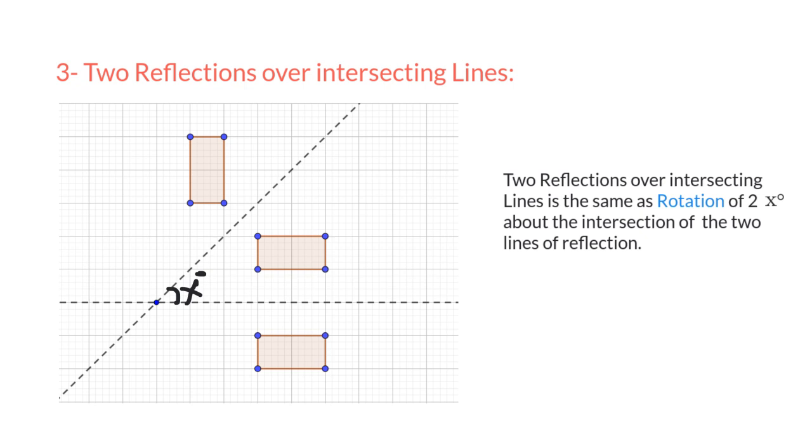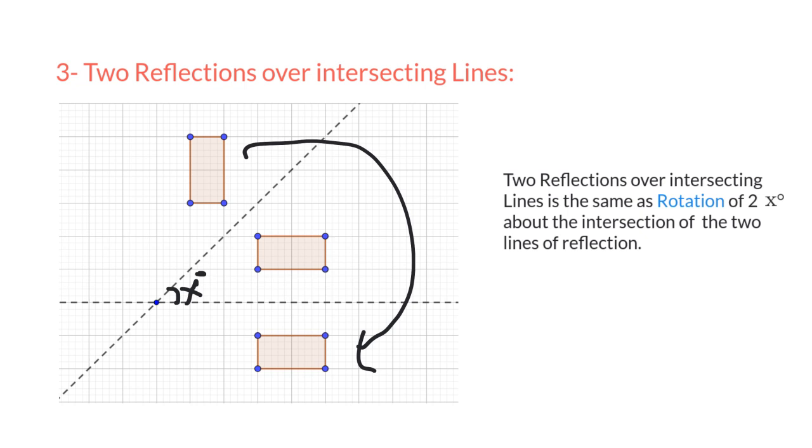And again, we want to think about what transformation we could have done to go from the original rectangle to this rectangle right here. In this case, the answer is rotation, and it's a rotation centered at the point where the two lines intersected, and the rotation is in this case 90 degrees.